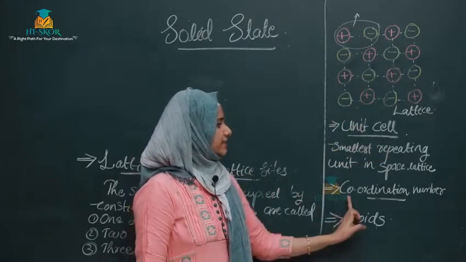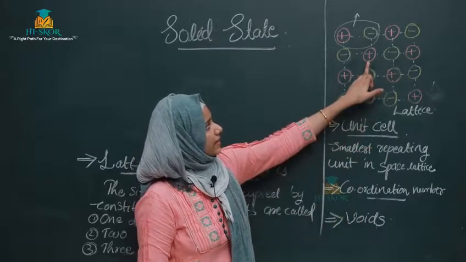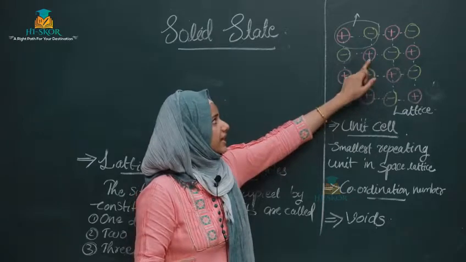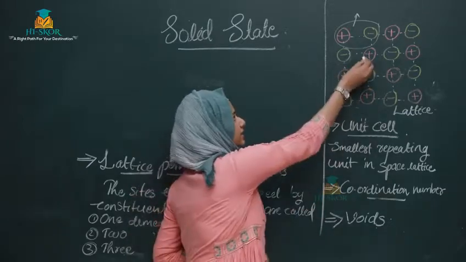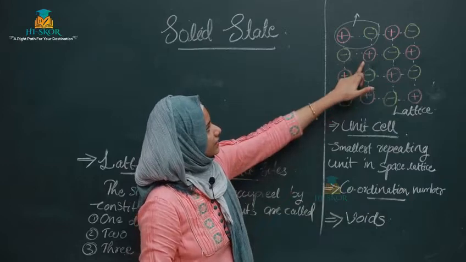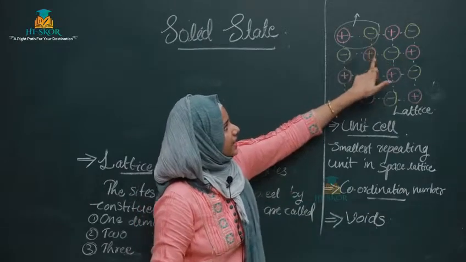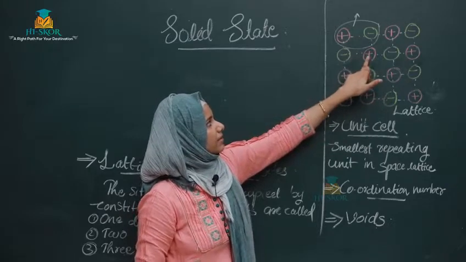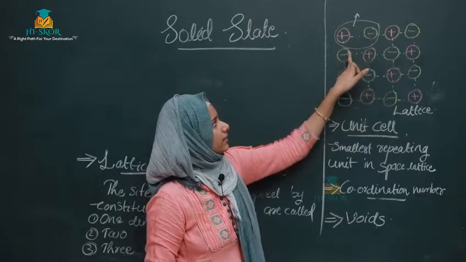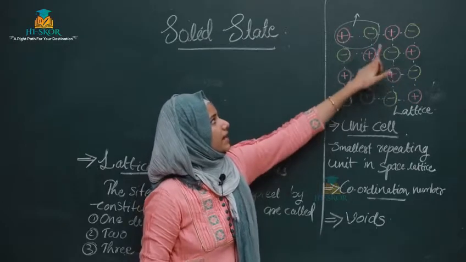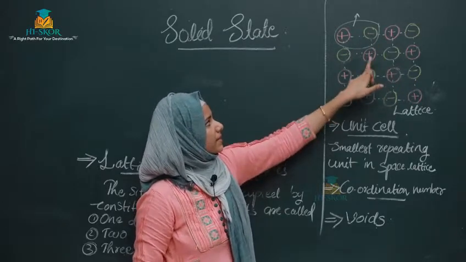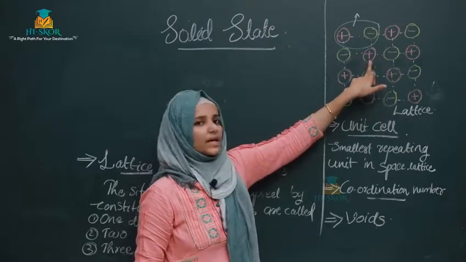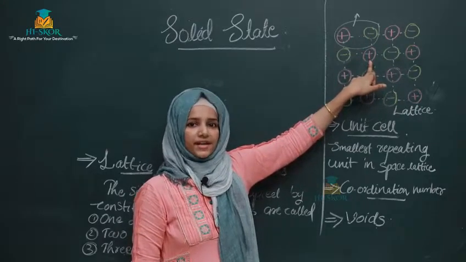Next, consider a particular constituent particle. Constituent particles here means ions. Consider this positive ion, which is surrounded by ions directly attached to it. If we look, we can see how many ions there are: four ions surround this positive ion. So the number of neighboring particles surrounding a particular ion is called its coordination number.